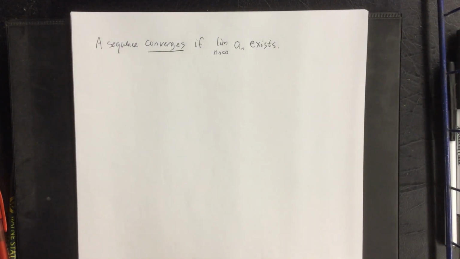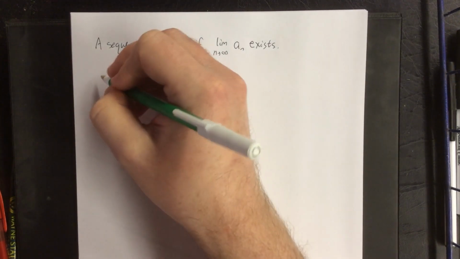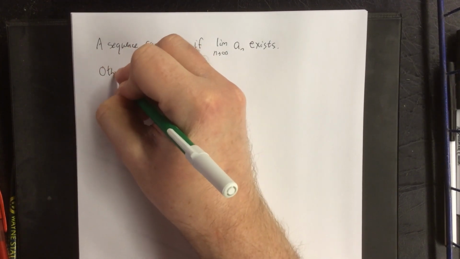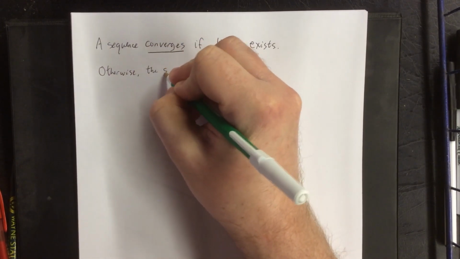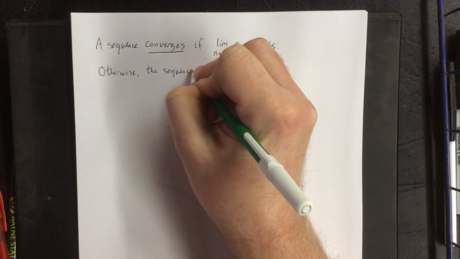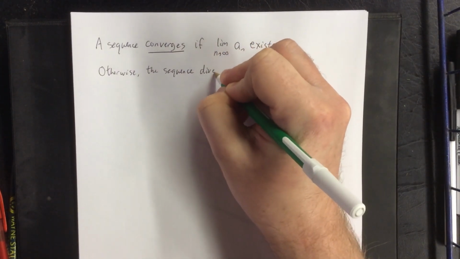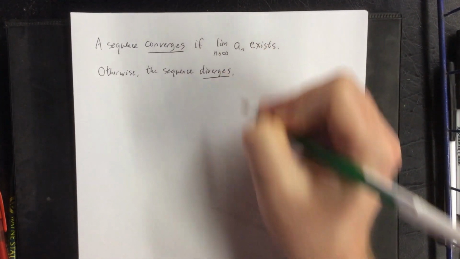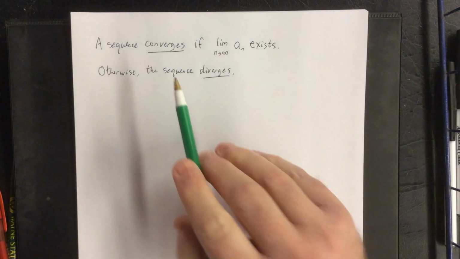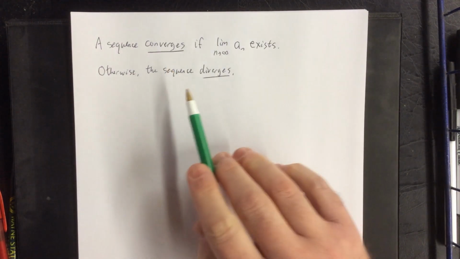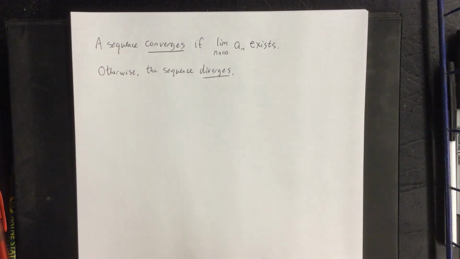That is to say, you get one single finite value for it. Otherwise, the sequence diverges. Now, converges and diverges would be the verb form of these. We can also say that the sequence is convergent or is divergent.